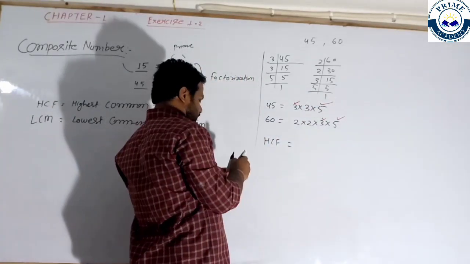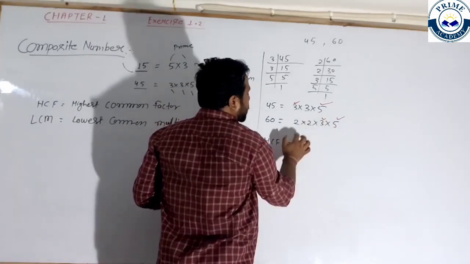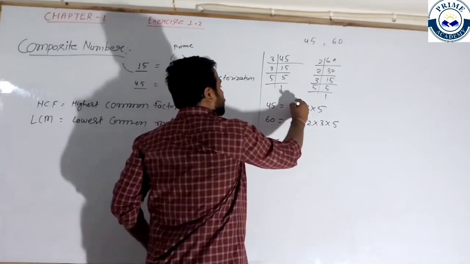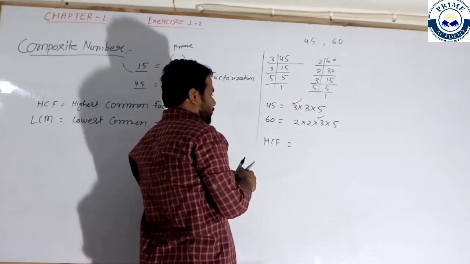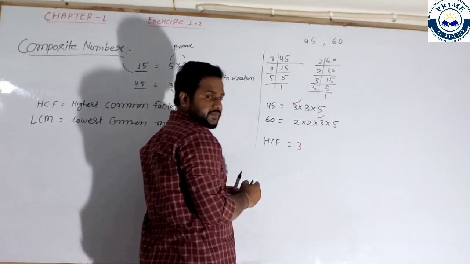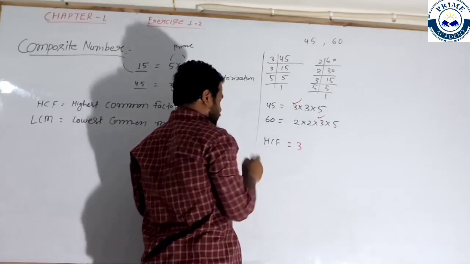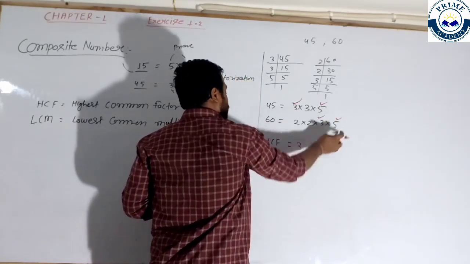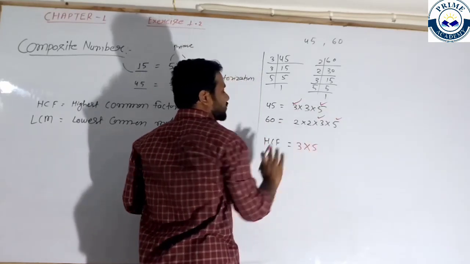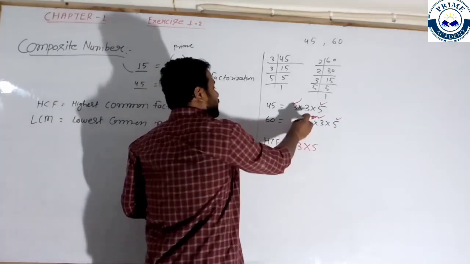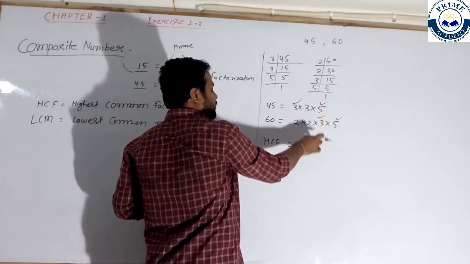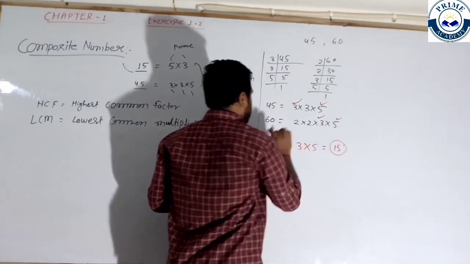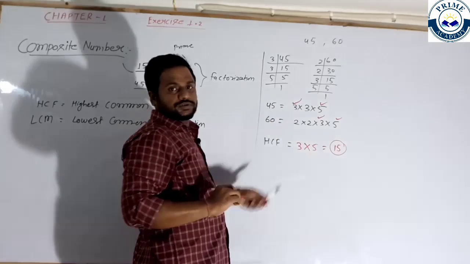So you put 3 only, which is common in both, and 5 is common too. Whatever number is common in both numbers, you just multiply it. You will get 15 as the HCF of these two numbers.